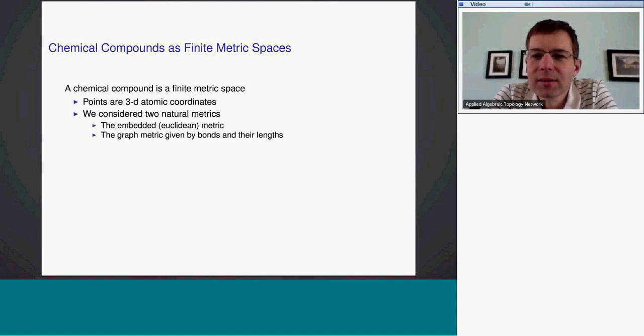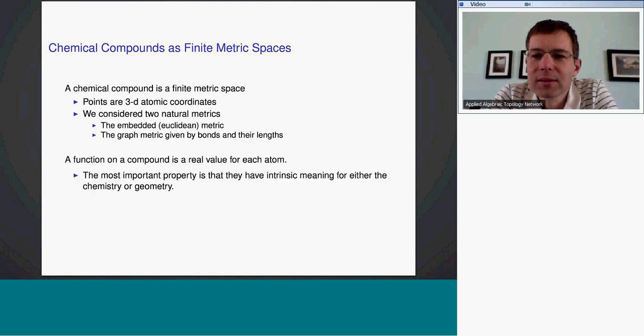There's the Euclidean metric, so just exactly the distance between atoms, and then there's the graph metric, where edge length is the bond length. Then functions on atoms, and we're going to use these functions to filter some underlying complex.